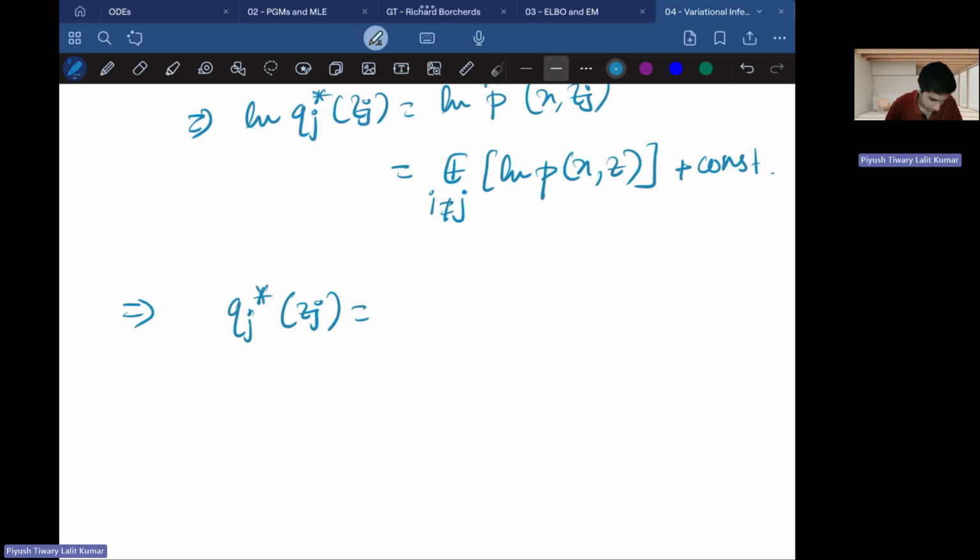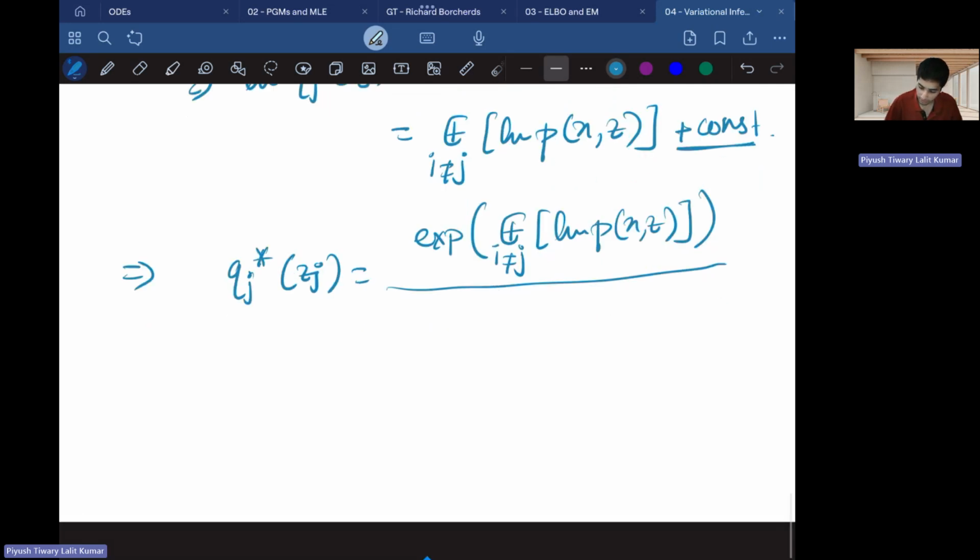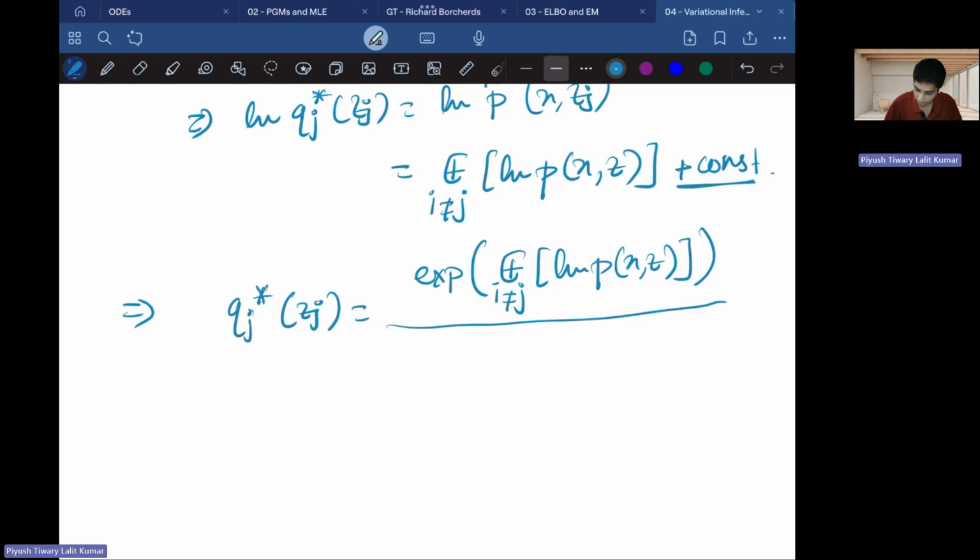So we take the exponential on both sides. So this is exponential of expected value, over i not equal to j, of log of p of x comma z, right? And what do we do of this constant term? Remember that we should not worry about the constant term because that will just result in a normalizing constant. So the normalizing constant will be just the integral of the numerator, right?